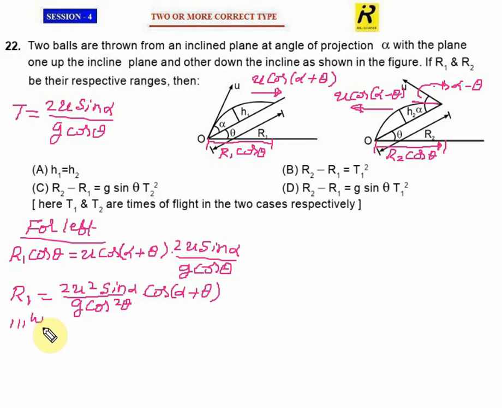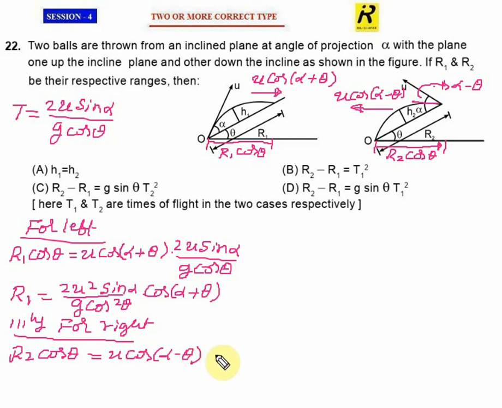Similarly, for the right picture, if I do the calculation, R2 cos theta equals u cos(alpha minus theta) into 2u sine alpha divided by g cos theta.